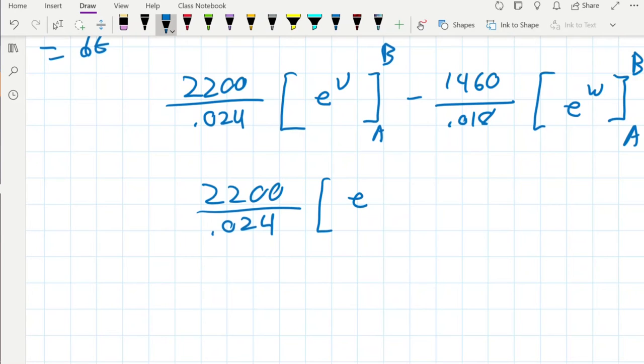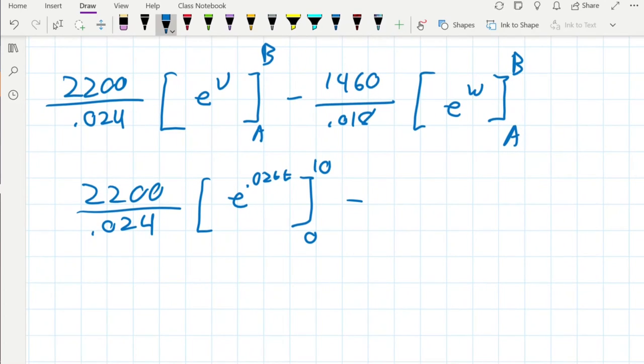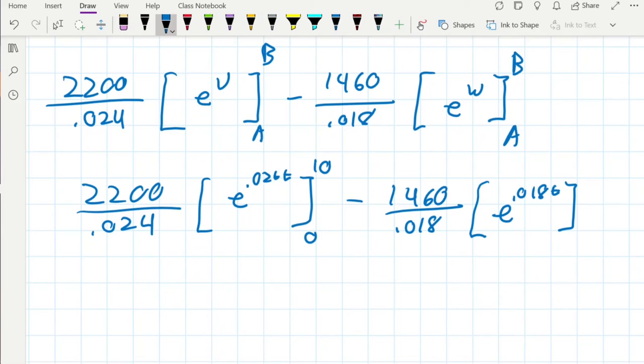So that'll be e to the 0.024 t from 0 to 10 minus 1460 over 0.018 e to the 0.018 t from 0 to 10. And we could evaluate this, but that's just going to be a lot of algebra.